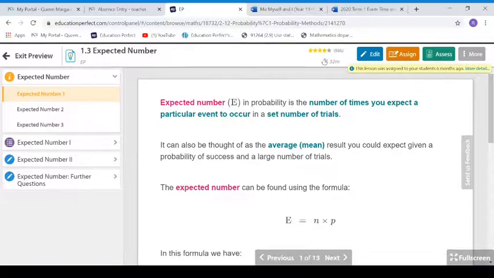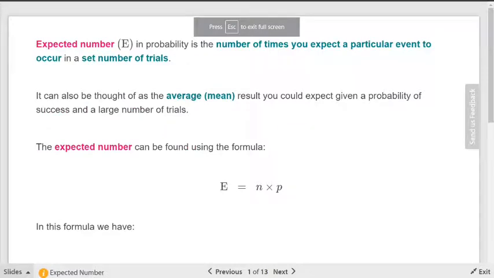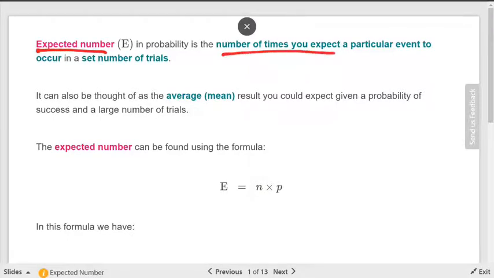So expected number in probability is the number of times you expect a particular event to occur in a set number of trials. And I don't like that definition. It's okay, but it's very wordy. Expected number is simply how many times you expect something to happen in a set number of trials.